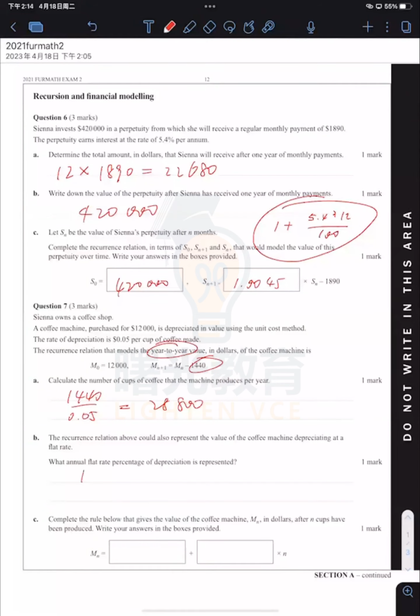That would be 1,440 over 12,000, and we need a percentage, so we multiply by 100%, and the answer would be 12% per annum. All right, 12% per annum.